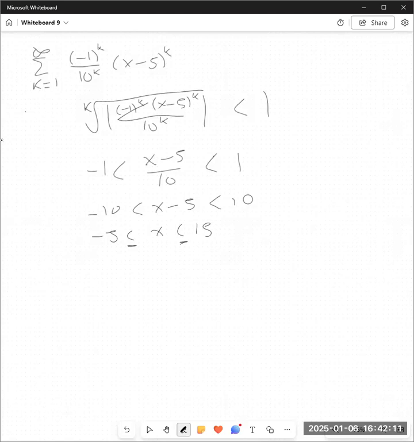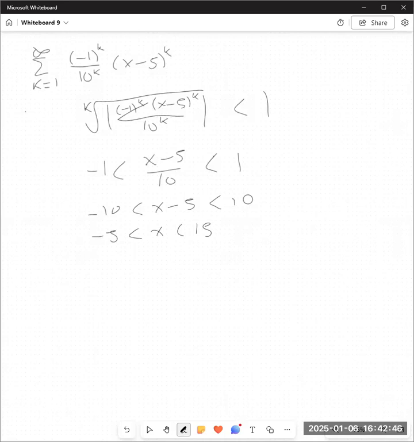So let's go ahead and check that. Sorry, I misspoke. Stick in -5, that's -10 to the k.